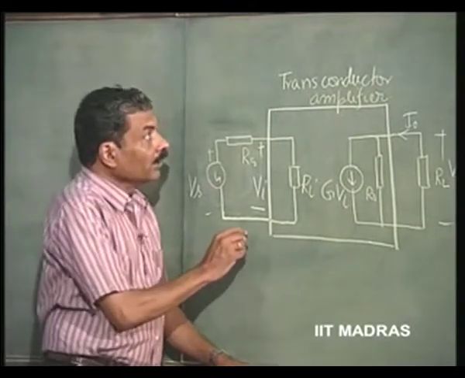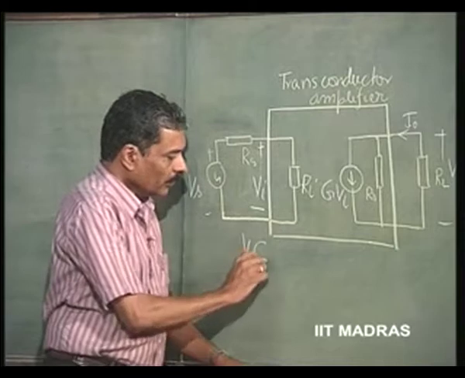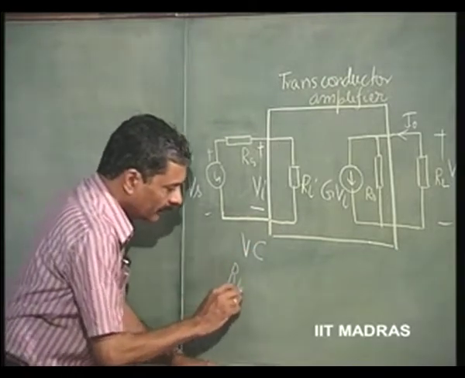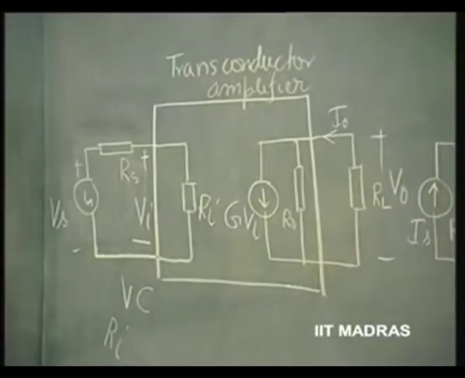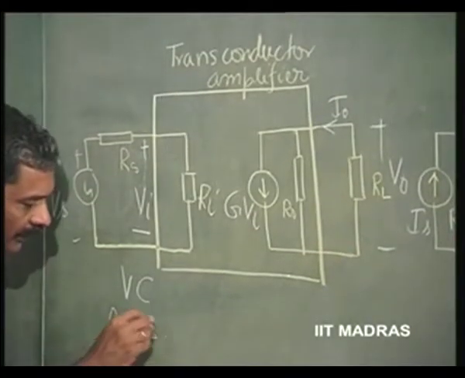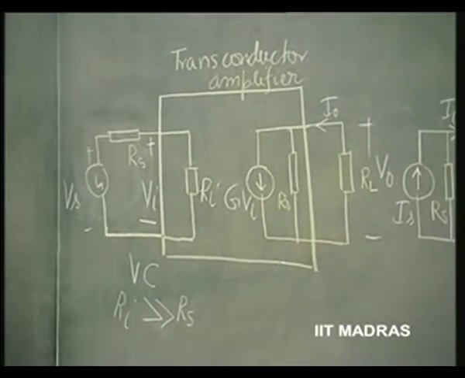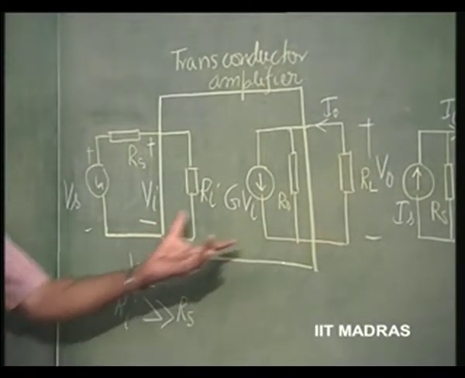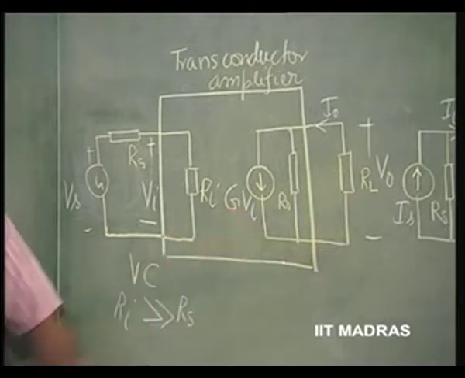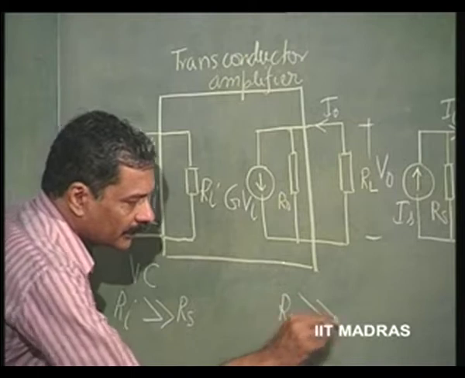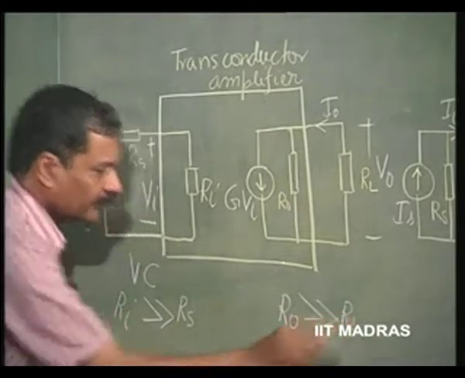It is voltage controlled at the input, which means Ri, which was infinity in the case of the ideal amplifier, is here much greater than Rs. Yes, that is voltage control. It is a current source at the output, that means R naught is much greater than RL.